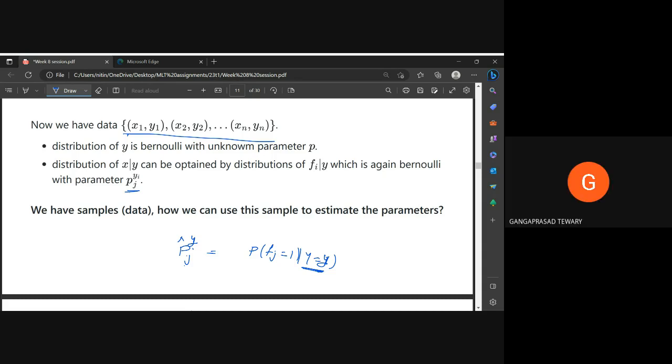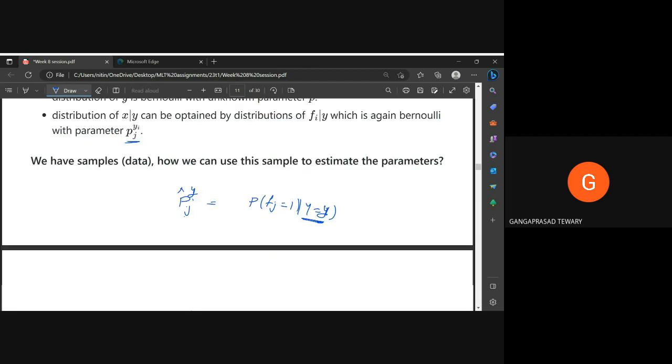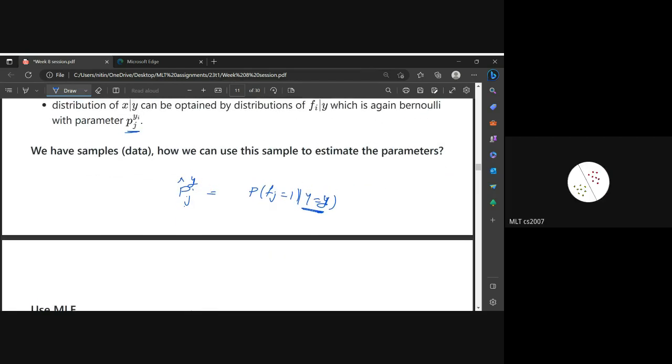It's not generalizing, just notation for these probabilities, the estimate for these probabilities. Student: Like probability of j superscript y, right? This is f j equal to 1, no?